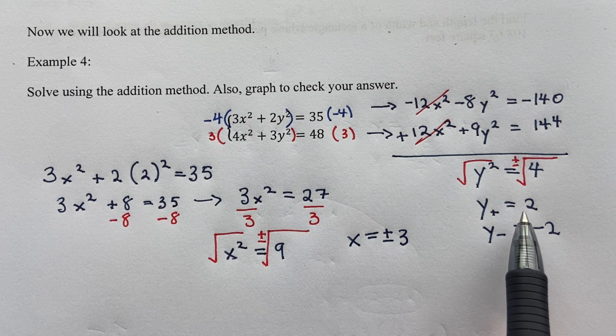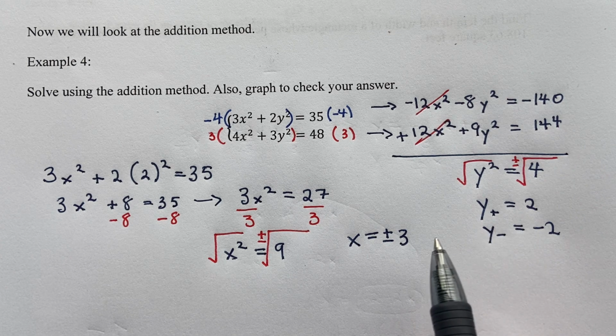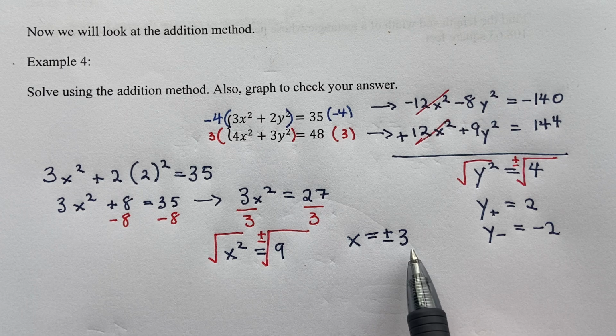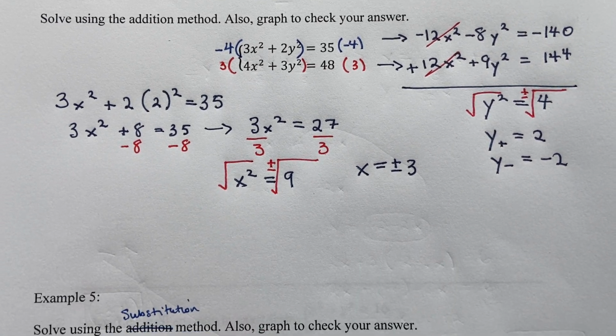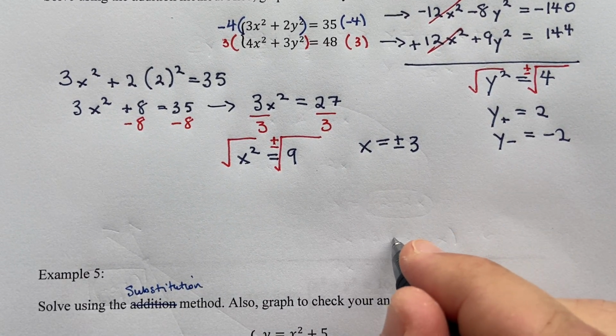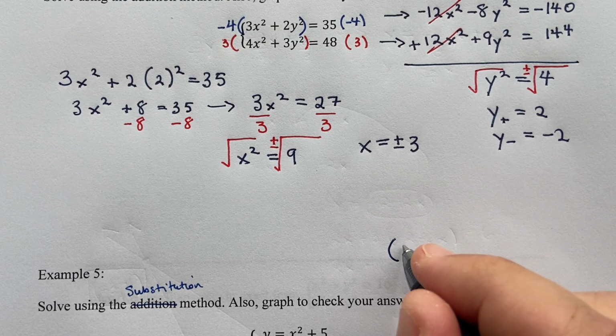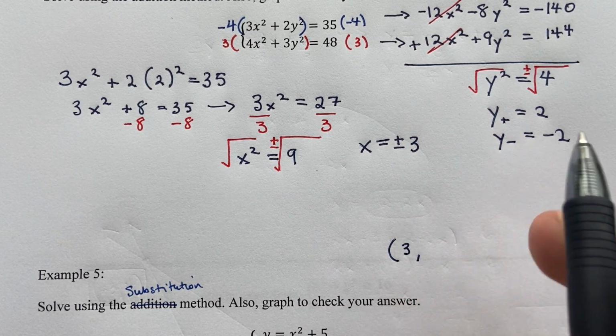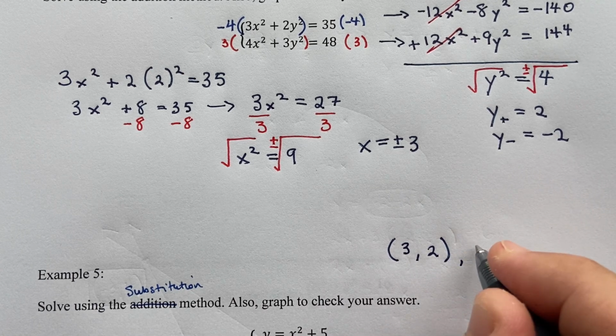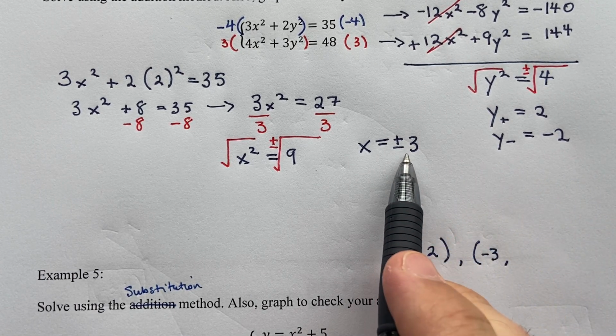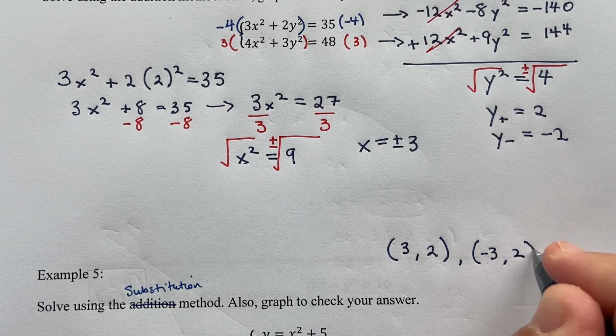So from just plugging in the positive 2, I got 2 x's. So this just implied a couple solutions. So we have positive 3 corresponds to positive 2. And also negative 3 for x corresponds to positive 2.